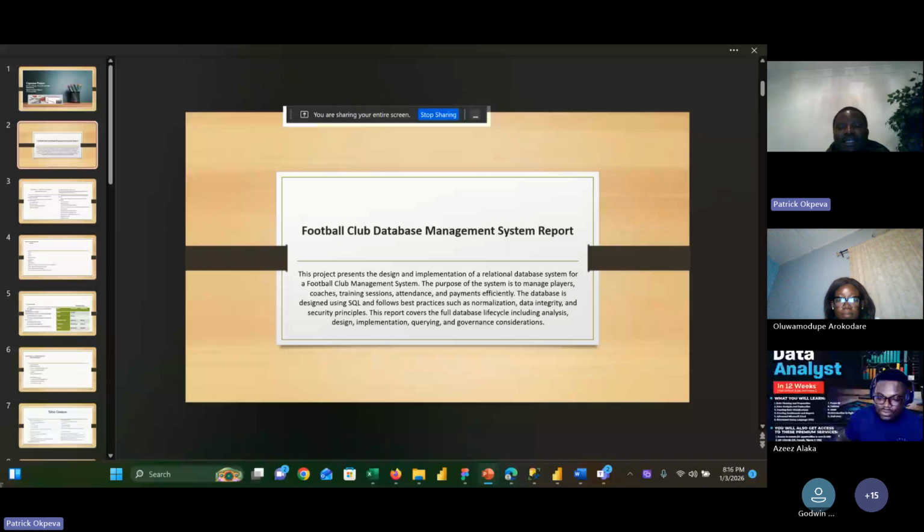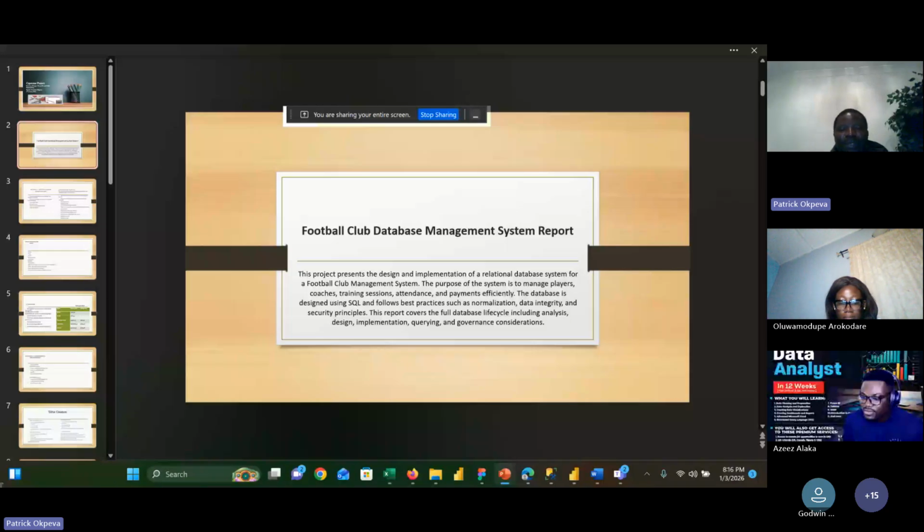The purpose of the system is to manage players, coaches, training sessions, attendance, and payments efficiently. The database is designed using SQL and follows best practices such as normalization, data integrity, and security principles. This report covers the full database lifecycle, including analysis, design, implementation, querying, and governance considerations.